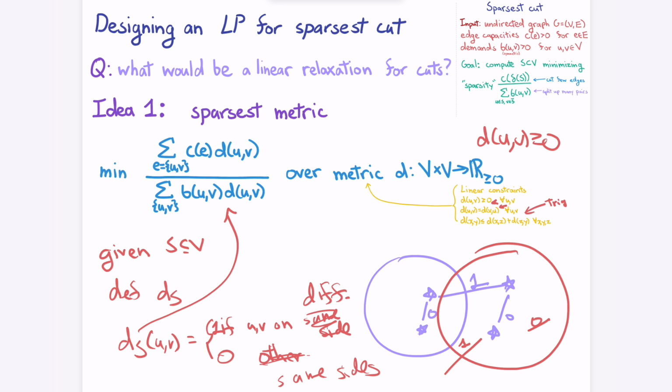The next issue is just that if we want to do an LP, it can't be a ratio of two things. It should be some linear objective subject to some linear constraints. So this was already suggested. Can you deal with a ratio? Well, not logarithms, then you lose linearity.